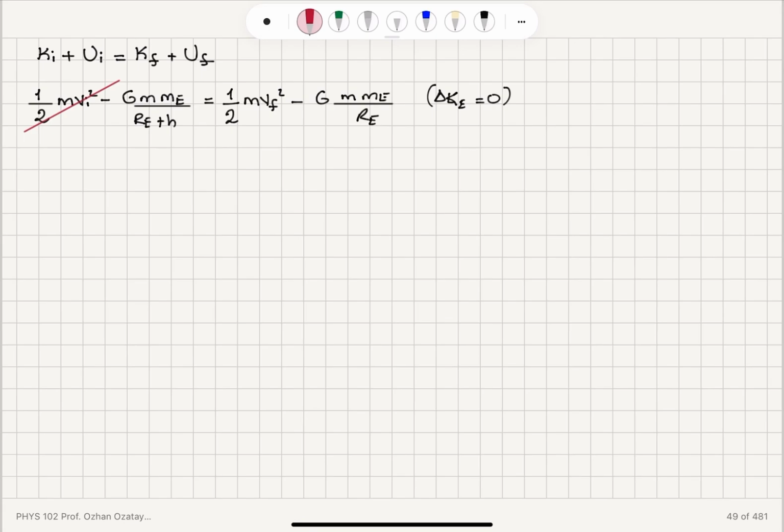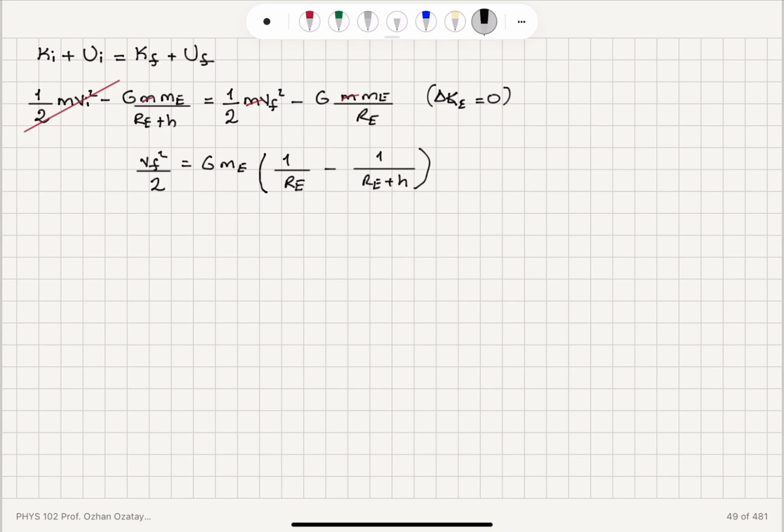And I see that the m's cancel here, and I'm left with an equation for v final. V final squared divided by 2 is equal to G times the mass of the Earth times 1 over the radius of the Earth minus 1 over the radius of the Earth plus h, the distance from the surface.